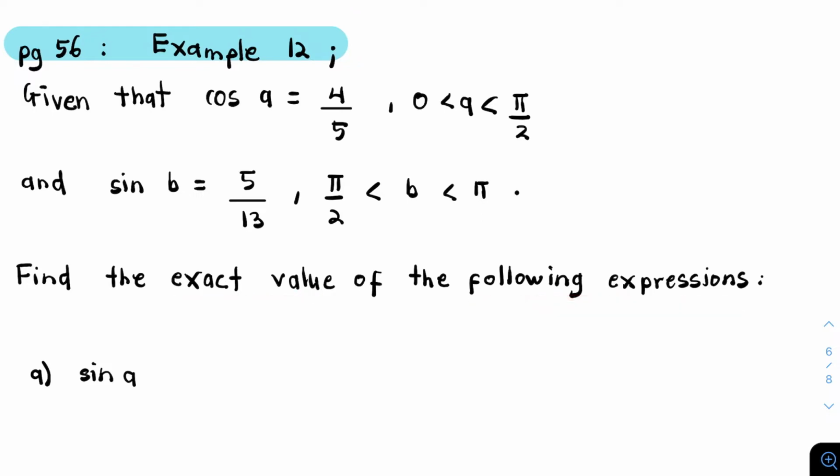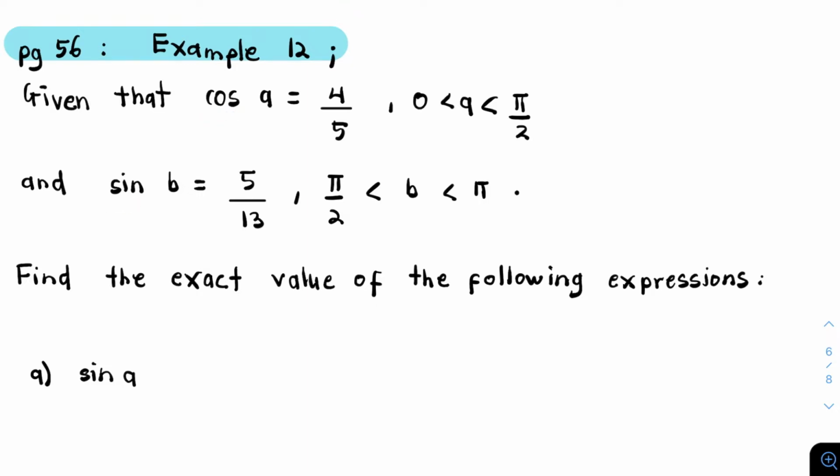So the first one, they ask you to find sine A. For this kind of question, first thing first, you have to draw the triangle so that you can know the sides that you are given and find the missing side. For example, cosine and sine are all related to SOH CAH TOA.